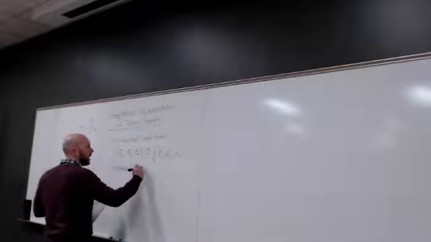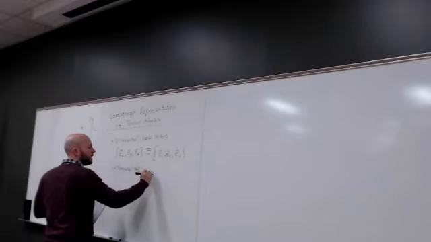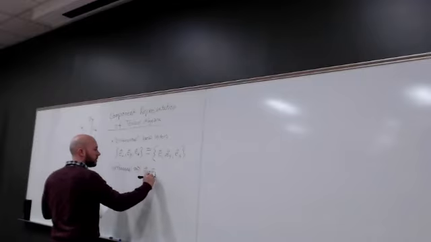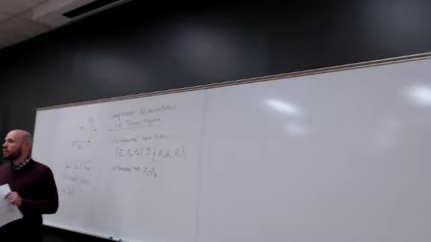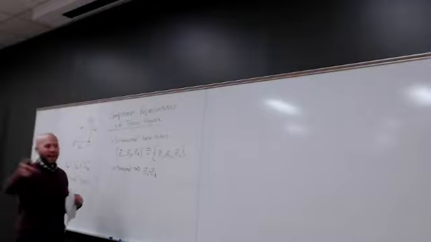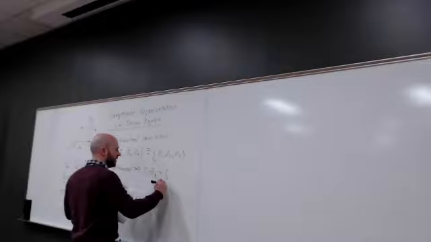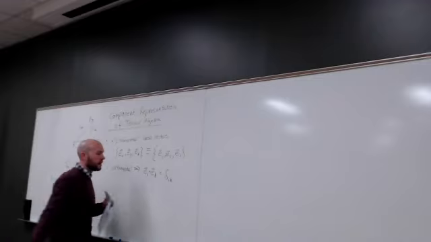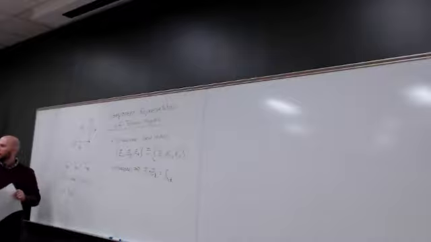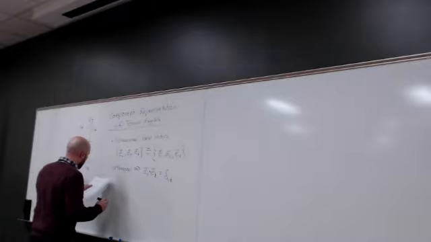This implies that the dot product of any two of these basis vectors is the Kronecker delta. The way I've written it here, it would be delta IK. That's just orthogonality. That's just a definition.